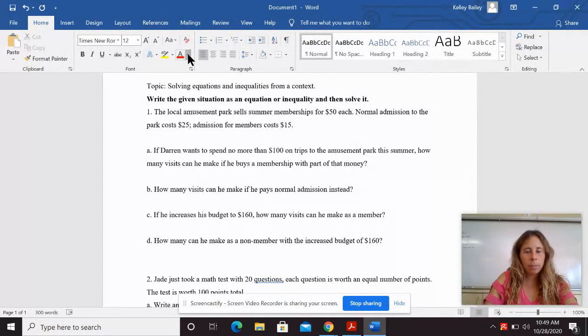Oh, why is the default always red here? So, okay, member, $50. And then what else do I need to put here? How much is admission for members? So if I'm a member, I pay $50 and that gives me my membership.